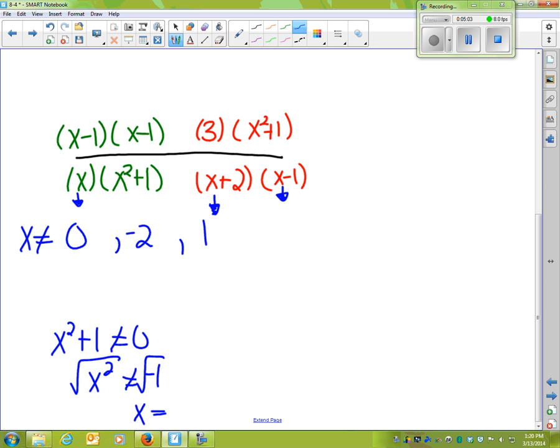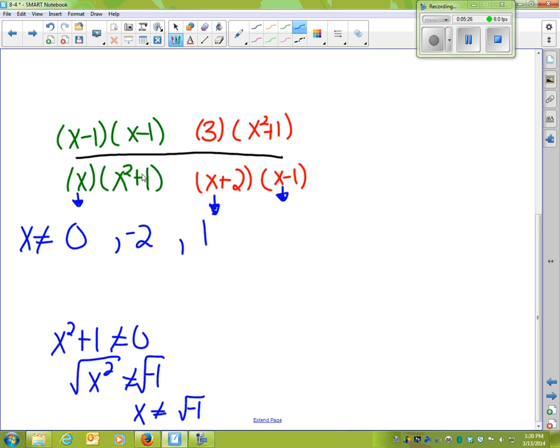X cannot equal the square root of negative 1. This is the definition of an imaginary number. All I care about are real numbers that x can't be, real numbers that would make the denominator equal to 0. Because this is imaginary, this group, x squared plus 1, is not a restriction.